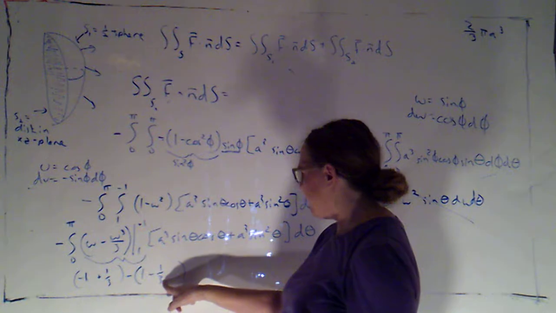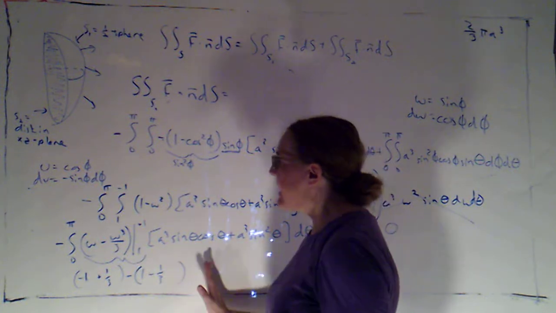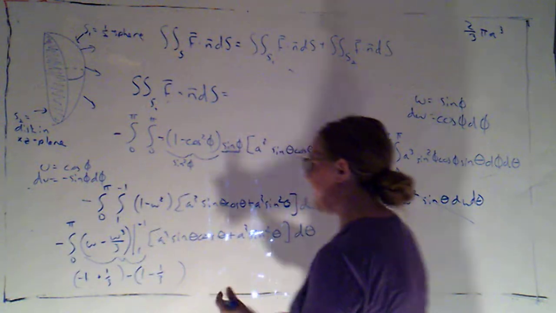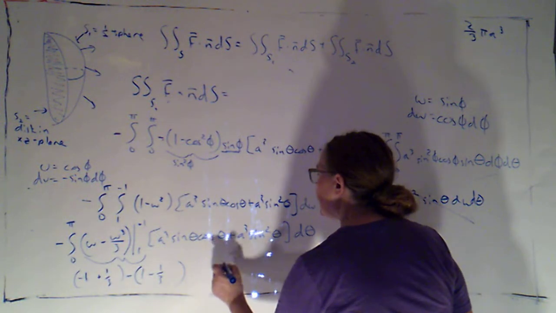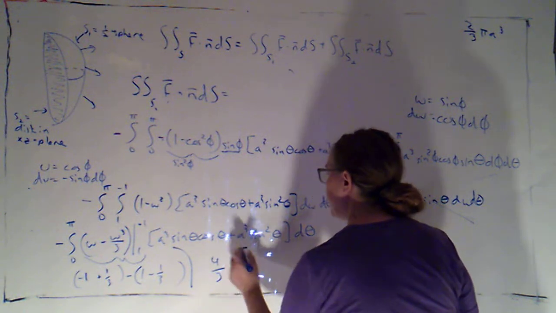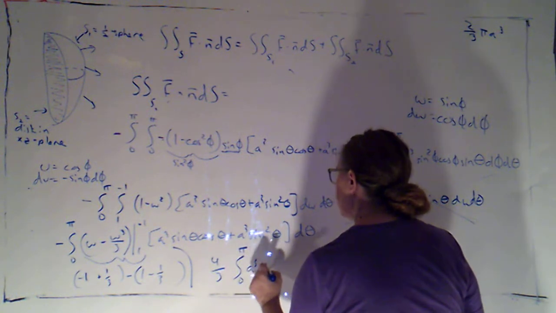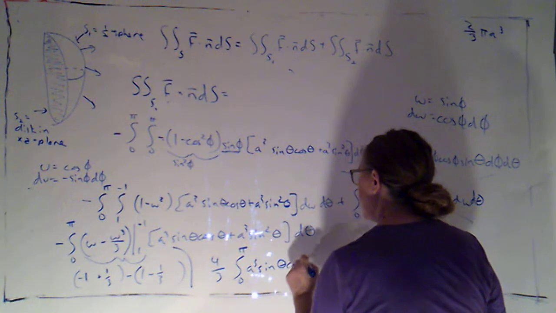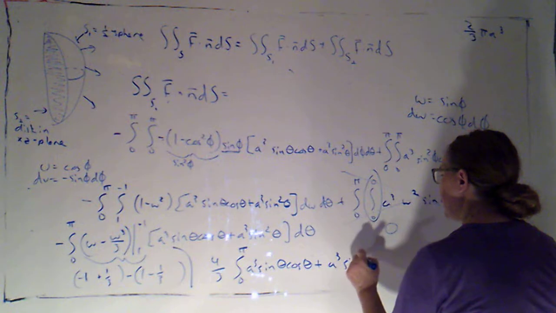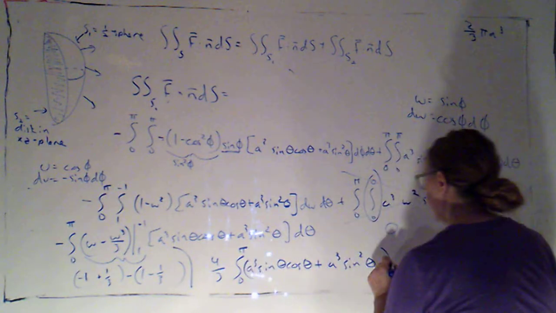This is negative 4/3. That's a constant, so I'm going to factor it out. Combined with that negative sign on the outside, I'm going to get 4/3 integral from 0 to pi of a cubed sine theta cosine theta plus a cubed sine squared theta d theta.